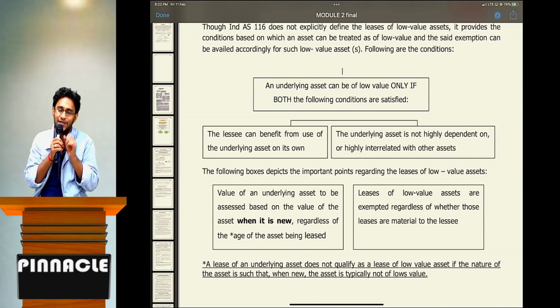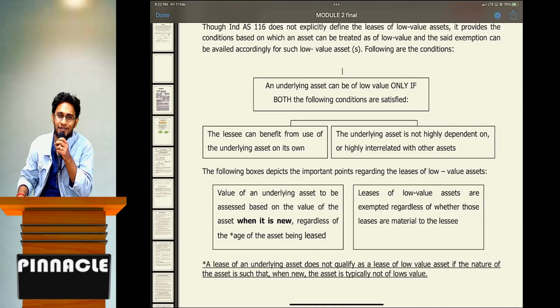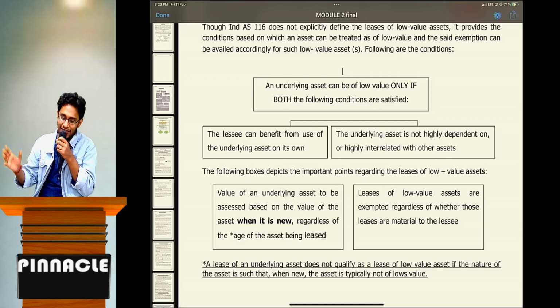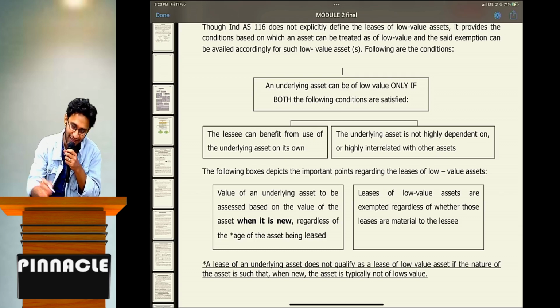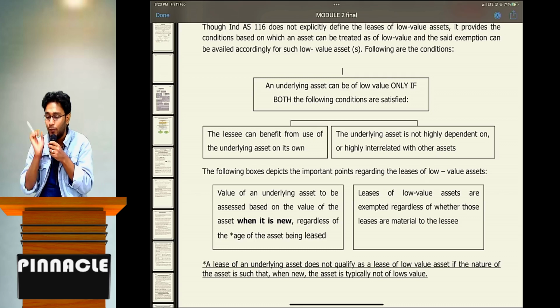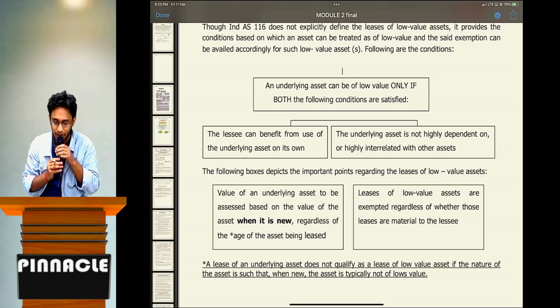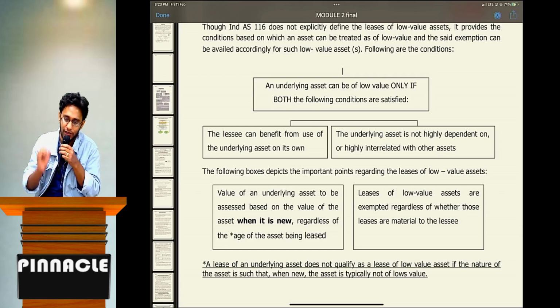Right? Okay. Second, is this asset highly dependent on some other asset? A car tire is highly dependent on what? The car, actually. Now, the standard says an underlying asset can be of low value, and you can claim the exemption only if both the following conditions are satisfied.